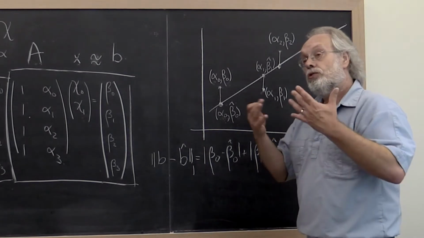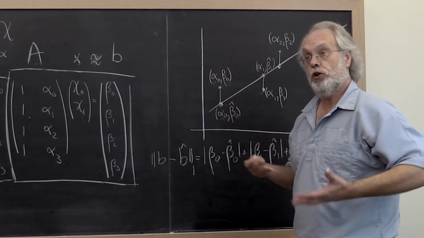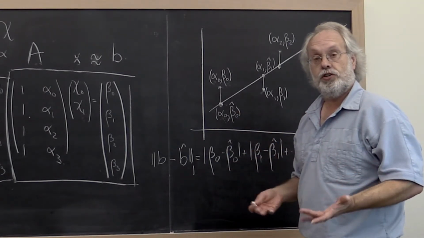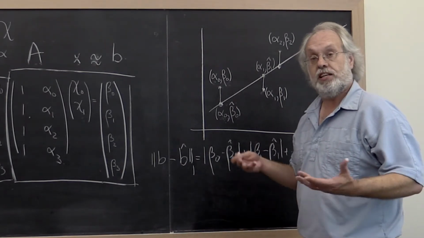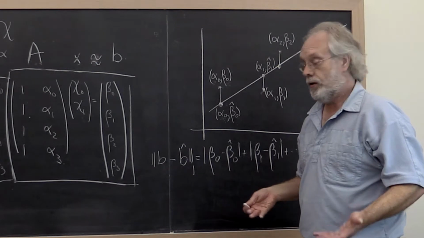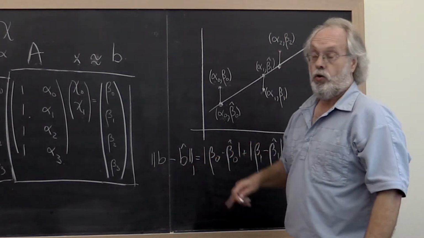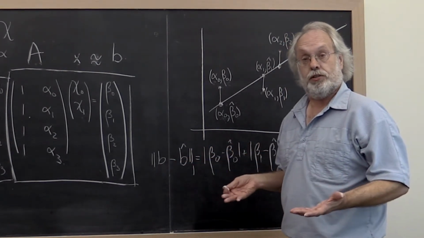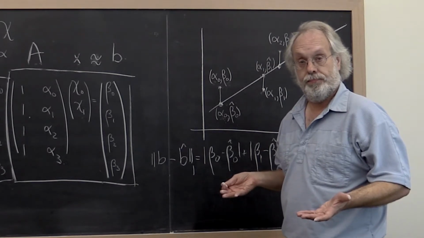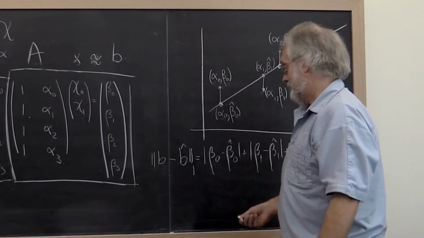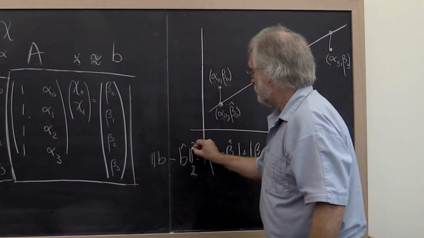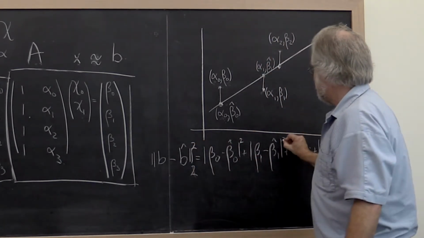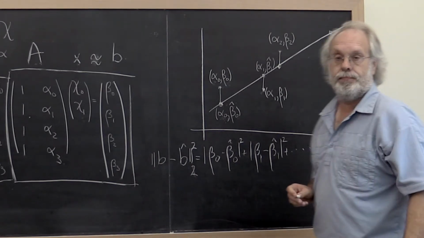Now, when you try to minimize, what did you learn in calculus? You take the function, you differentiate it, you set it equal to 0. But that means that the function has to be differentiable. And notice that the one norm is actually not a differentiable function in general. So for that reason, people actually use the square of the 2 norm and minimize that instead.